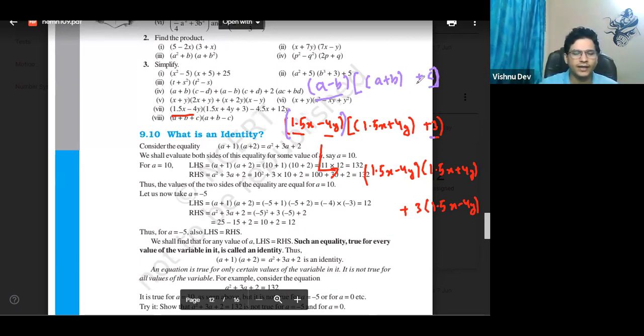Did the question make sense? Raise your hand. So suppose a minus b is x, and a plus b is y. So this question is just like this: now x is multiplied with y plus c.